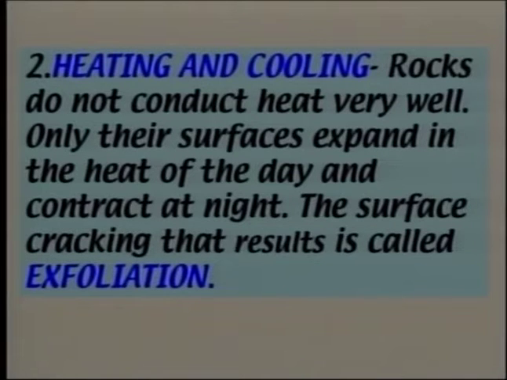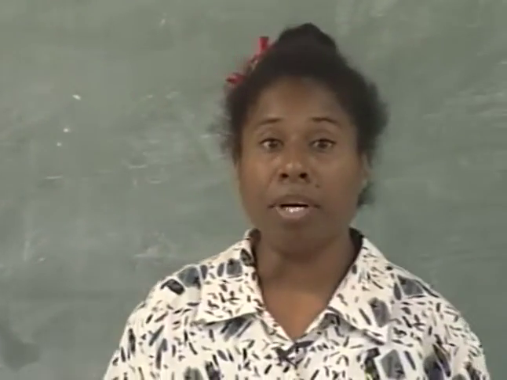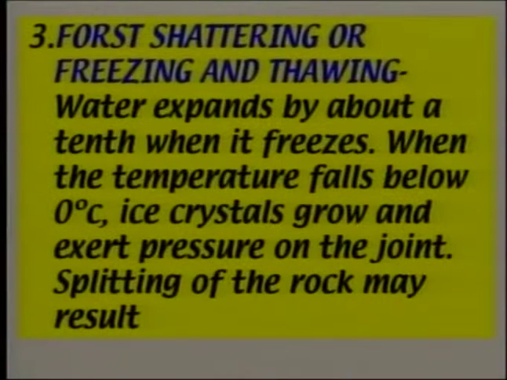All of those come together with heating and cooling or thermal expansion, or we can say the process of exfoliation, where the surface layers of rocks get peeled off due to heating and cooling. The third example we looked at was frost shattering, or freezing and thawing. Some people also call that frost wedging, which is the same concept.